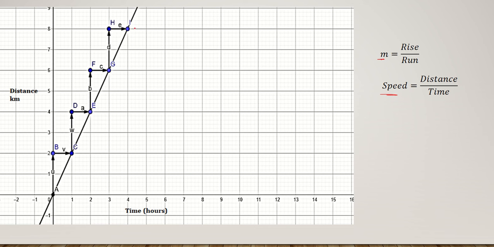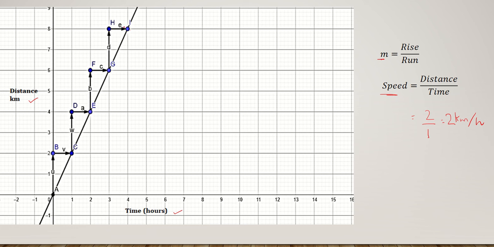So if we take these 2 points, the rise is 2 steps, run is 1 step. So we can say that it is 2 km per hour. Look, the unit of distance is kilometer, the unit of time is hour, so we will use the same unit.